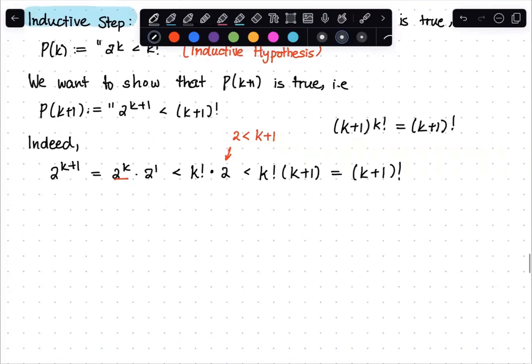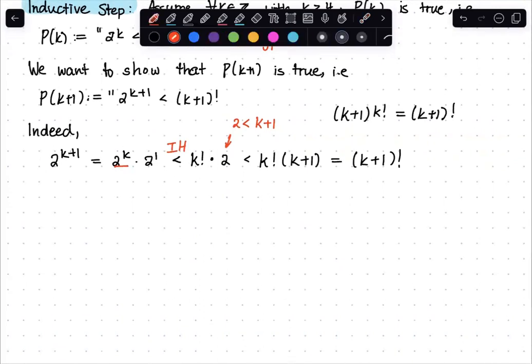So this is the step where I use the inductive hypothesis. And I also made a note that I could write 2 is smaller than k plus 1. So therefore, we completed, or proved, the inductive step.